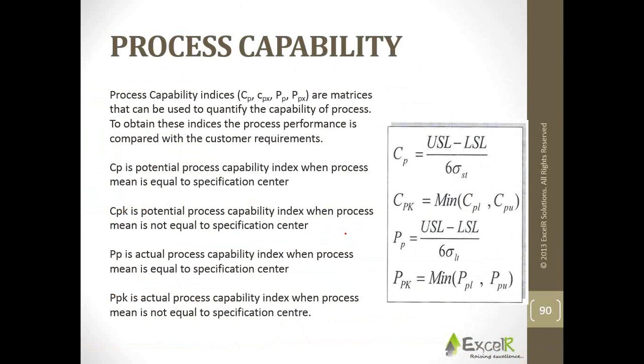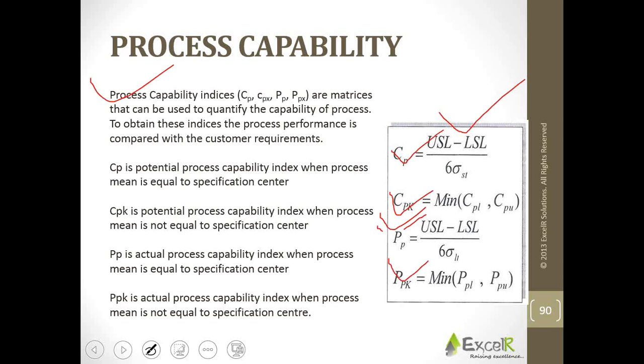So let us also discuss process capability. Here are the 4 formulae that you have to remember by heart in order to calculate your CP, CPK, PP, PPK. In Six Sigma Green Belt, we have calculated only CP and CPK. In this, we will be calculating PP, PPK also.